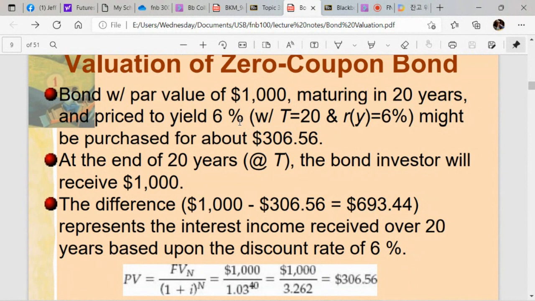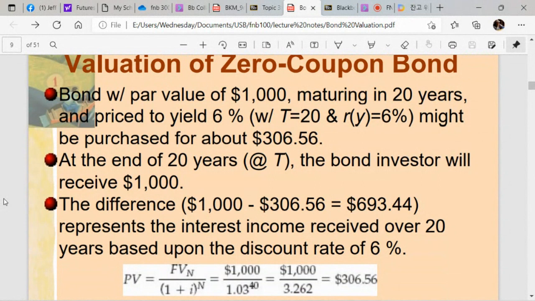There is no way any problem is phrased that way. Usually the way it is phrased is, a bond is priced to yield 6%. That means the 6% is the yield, so use it as the discount rate. That's what it means.